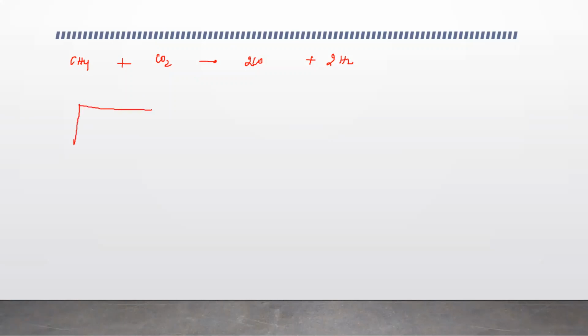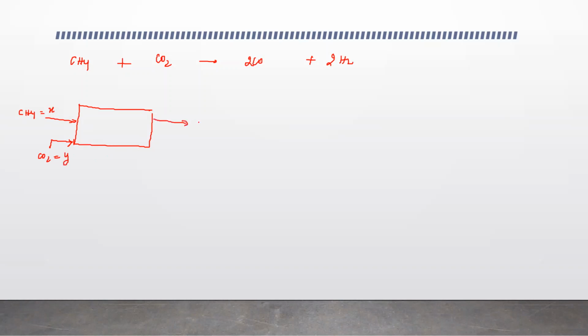So they have supplied methane and carbon dioxide. All right. So let's say they have supplied X kilomoles of methane and Y kilomoles of carbon dioxide. Okay.